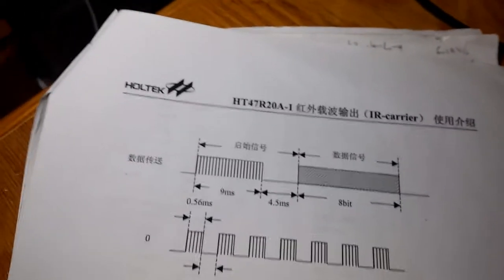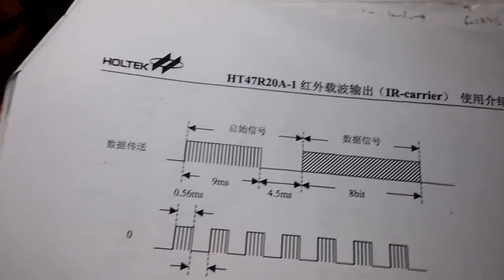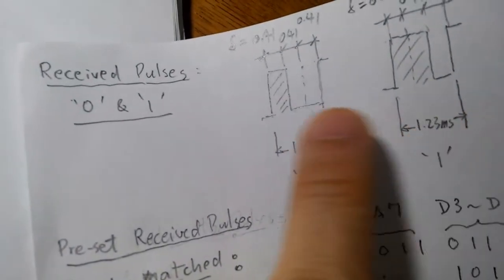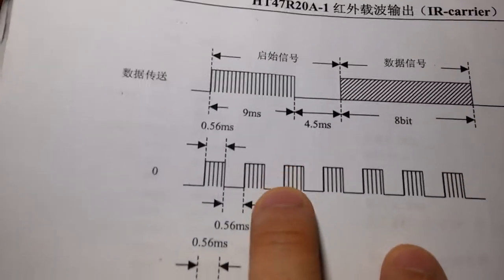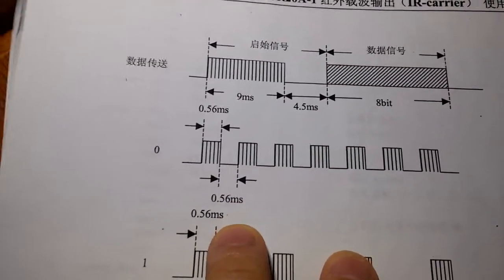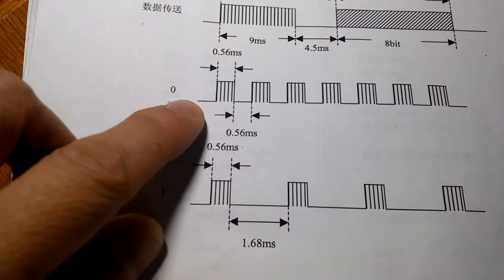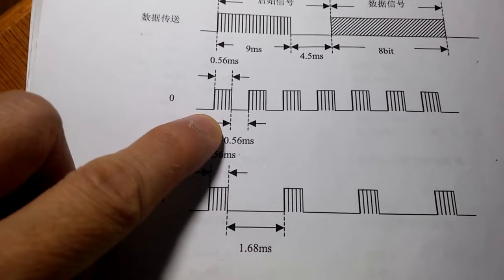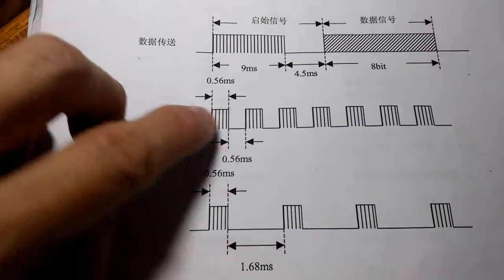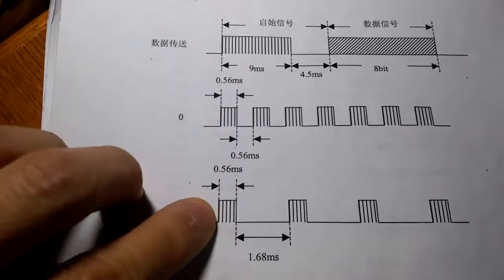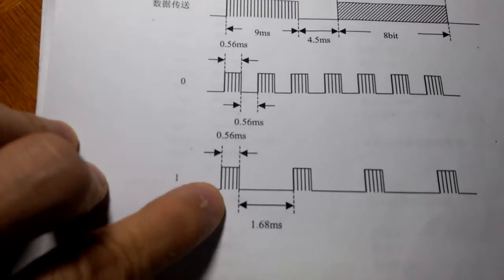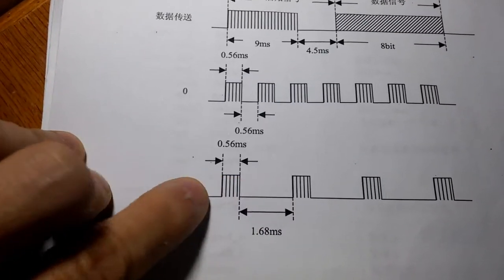And for some other brands, I think Sony or Philips, they use the same time length for these 2 bits. But for others, I found here, you see, this is the 0 bit. The time length is shorter, while for the 1 bit, the time length is longer.